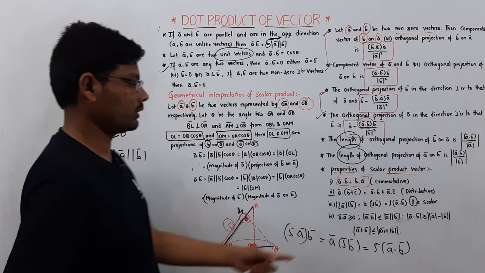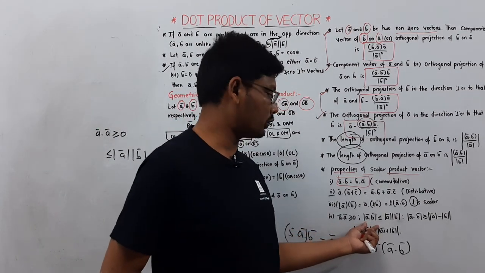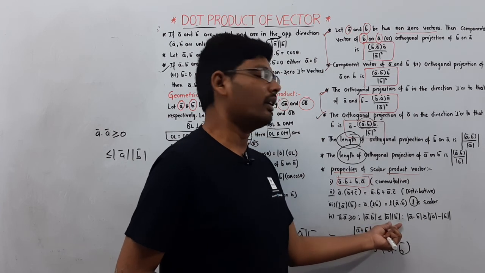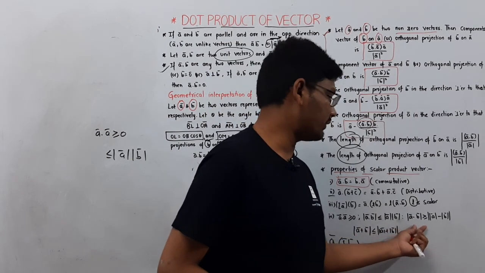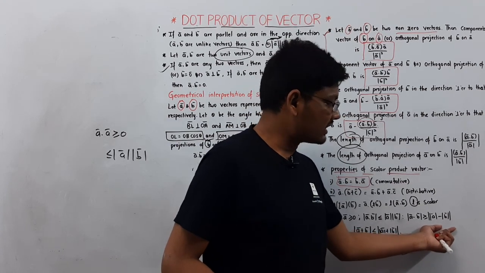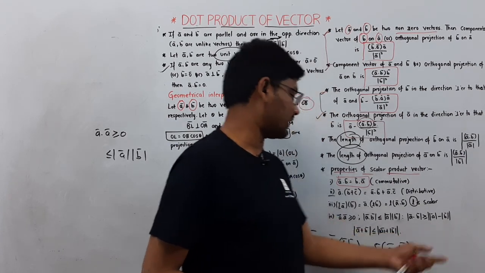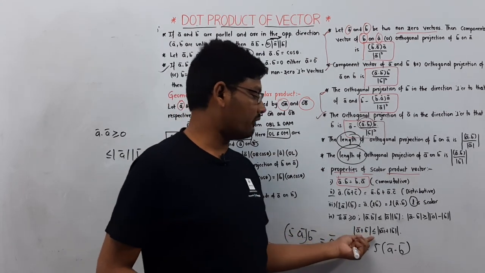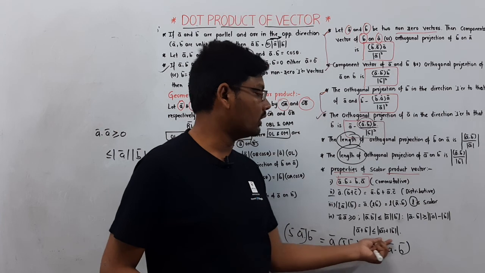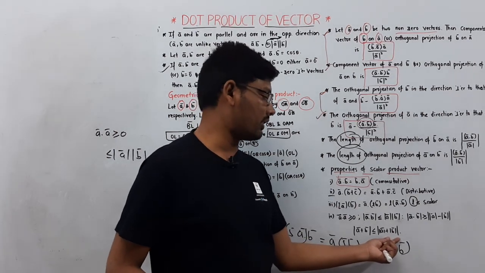The difference of the magnitudes of two vectors is less than or equal to the magnitude of their difference, and the magnitude of the sum of two vectors is less than or equal to the sum of the individual magnitudes.